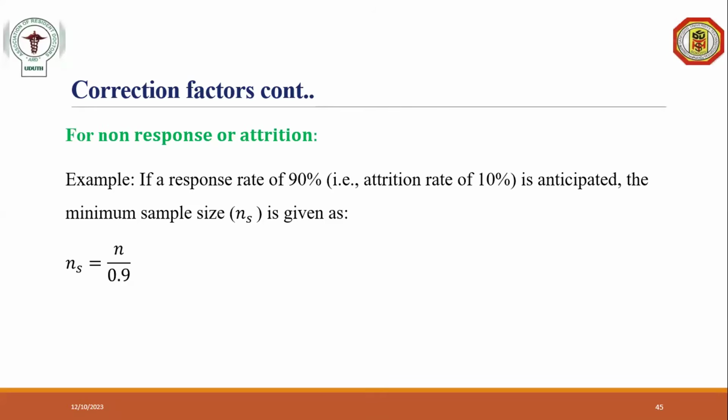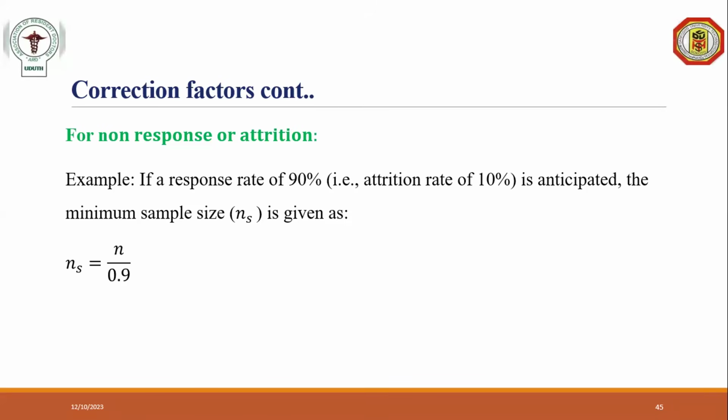Attrition rate is usually from the cohort study or experimental study. Maybe you start with 200 people, but in the course of the study, 5 of them have done attrition. Maybe they have pulled out of the study due to some problems, or just like that. So you now correct for attrition.